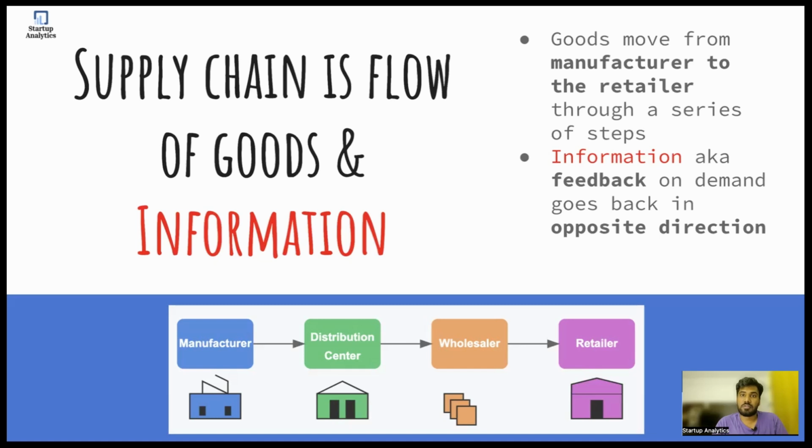And this information is important so that the manufacturer or the owner of the product, who owns the selling of the product, can accordingly manage the movement of the right amount of goods. Because you don't want a situation where you're either overproducing or moving more goods than needed, or the other way around, where there's not enough stock available.